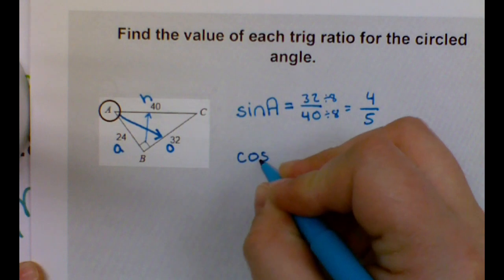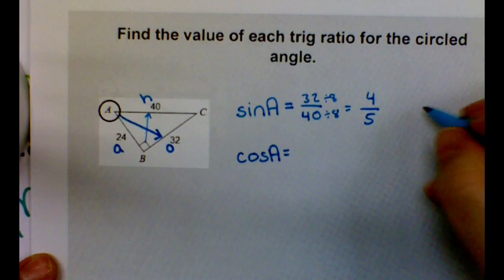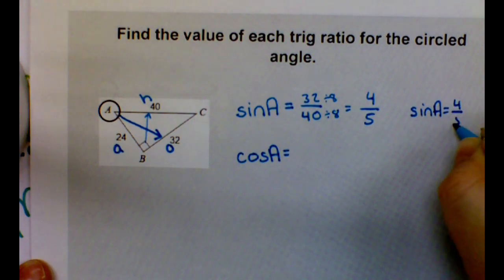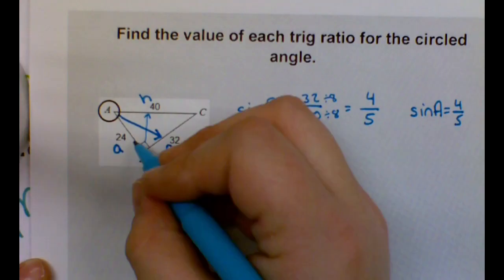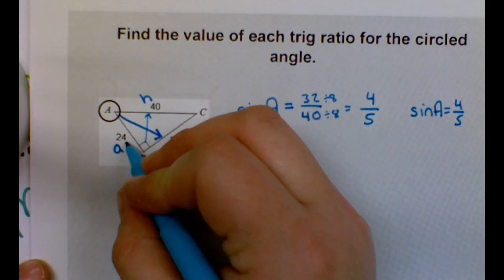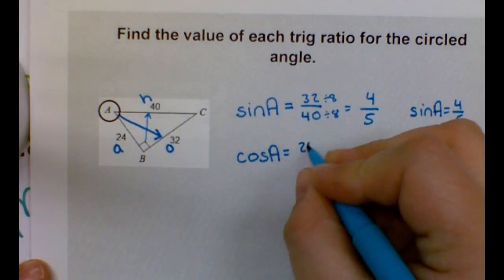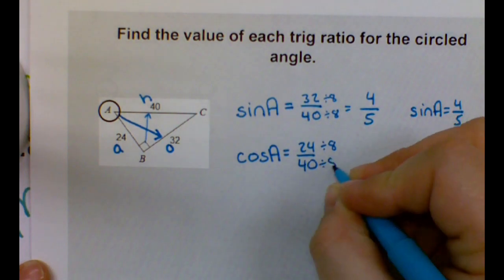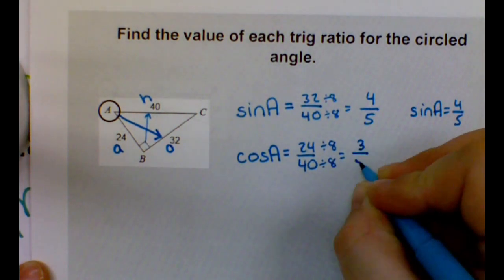If you wanted to write it out more neatly, it'd be the sine of A equals 4/5 like that. The cosine of angle A: cosine is adjacent over hypotenuse, so 24 over 40. But I can again divide those by 8. So I get 3 over 5.